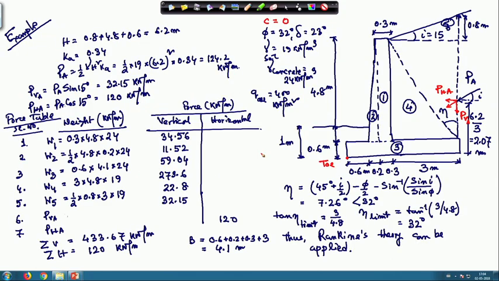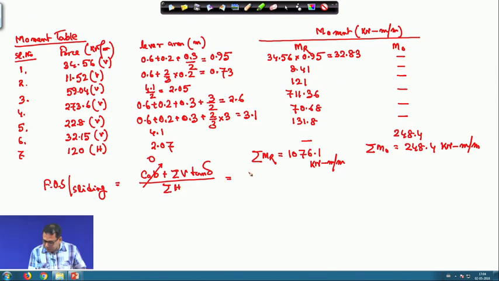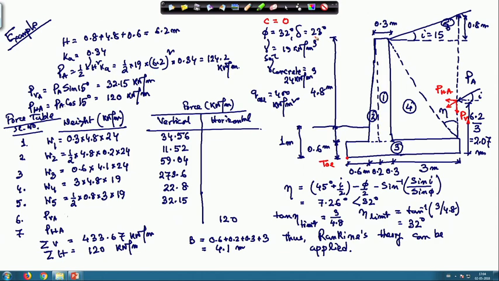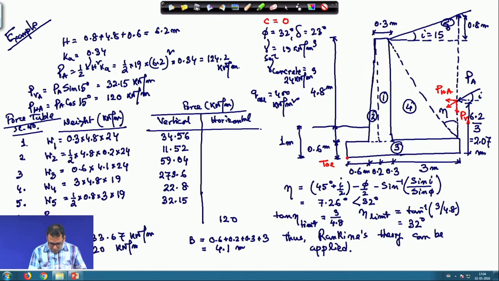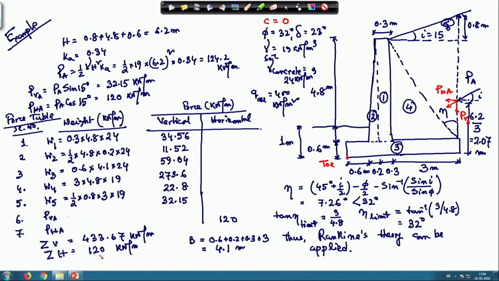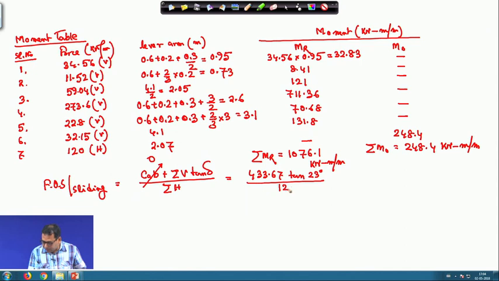The summation of all vertical forces is 433.67. Then the delta value is 23 degree, divided by the summation of all horizontal forces, 120 kilonewton per meter. So, this is equal to 1.53, which is greater than 1.5. So, I can write this is safe, because I have given the limit 1.5 to 2.